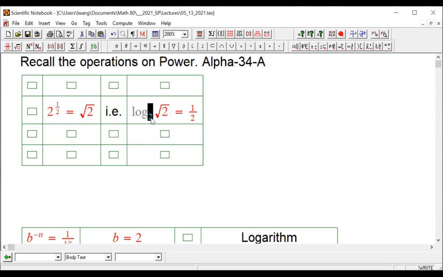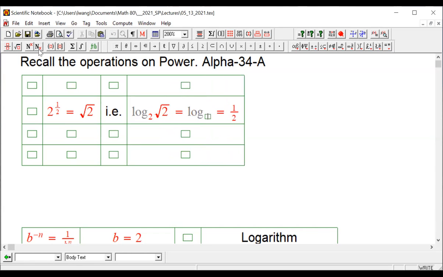The square root of 2 is really 2 to the power of half. So it just takes the half and brings it down.